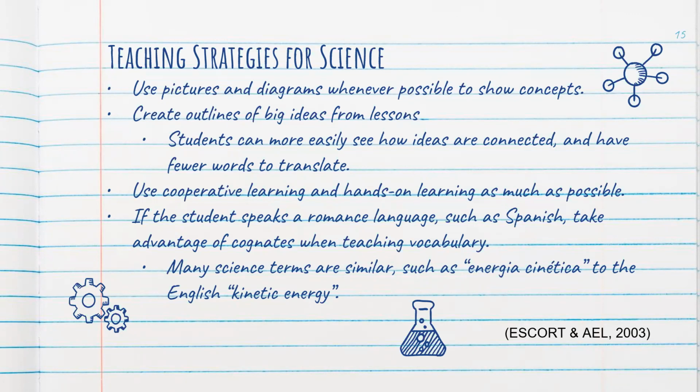One thing that you can try is to create outlines of the big ideas from the lessons. The students can see how the ideas are connected. They don't have as many words to translate, and they can have a better idea. They can actually learn the big ideas from your lessons.